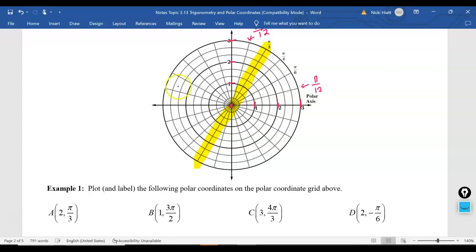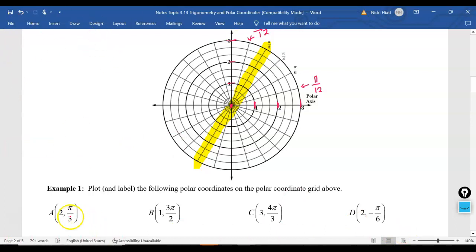And so we either go towards the angle that we are trying to reach, or we go away from that angle. If we go towards the angle that we are given, that's going to be a positive radius value. And if we go away from the angle that's given, it's going to be a negative radius value. We'll see that when we get to some of the next problems, but I think these all have positive radii.